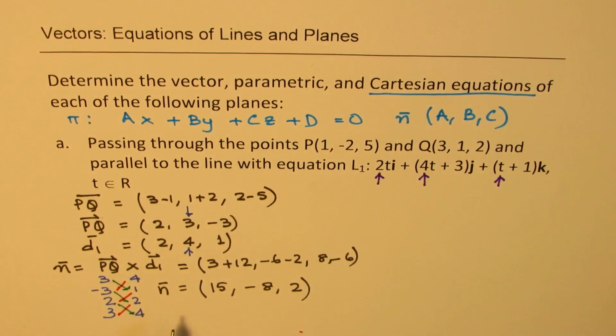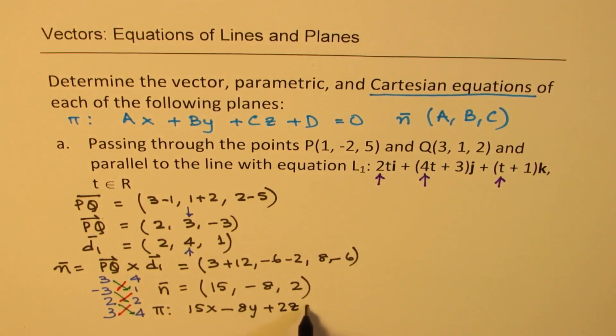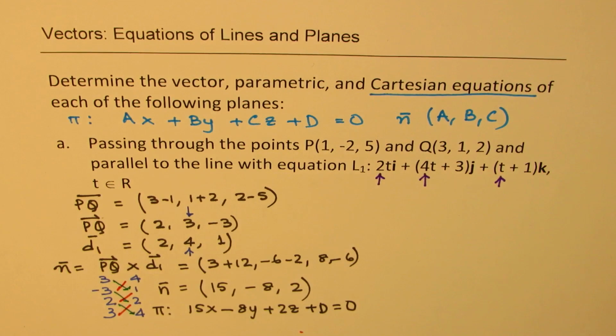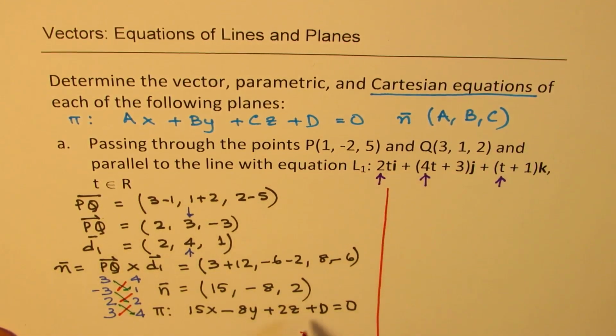Now from this normal, we can write down the Cartesian equation as 15x minus 8y plus 2z plus d equals 0. Now the question is, how do we find d?